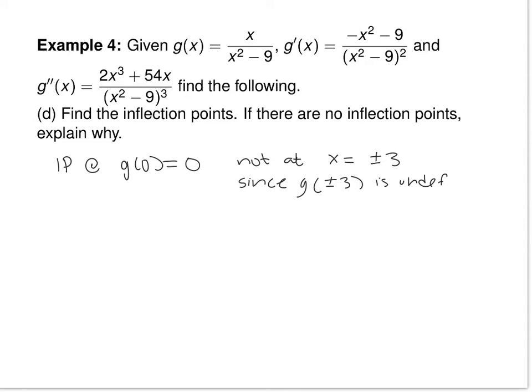No point on the graph at that point. I mean, the concavity does change at those points. It's just they're not points. They're asymptotes. So would it be g prime of 0 equals 0? Well, g of 0 equals 0 also. Because when you're asked to find the inflection point or the maxes and mins, I want to know what the points are on the original curve. It is the case that they happen to both be the same.